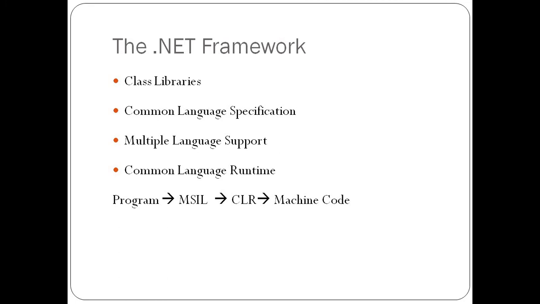With .NET, all of the programming languages including Visual Basic .NET, C#, J# are supported. .NET Framework supports more than 60 programming languages. This is the main feature of .NET Framework.